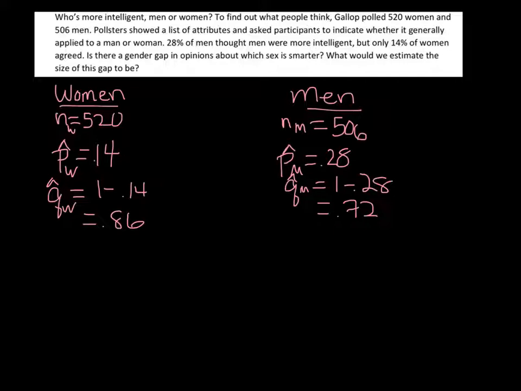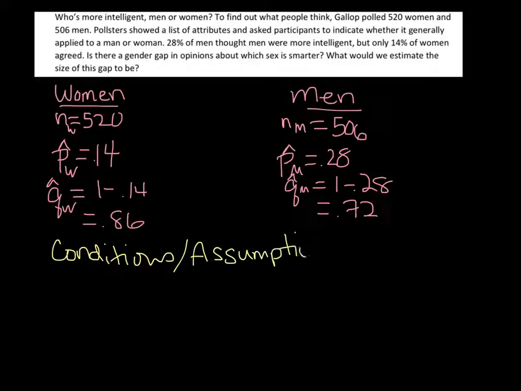Unfortunately, we have a lot of steps to go on this. We're going to start by checking our conditions. For our conditions, most of them are going to be the same as the previous ones that we did. There is one that's super important when you're working with two samples, though. So we'll do the ones that we know first.